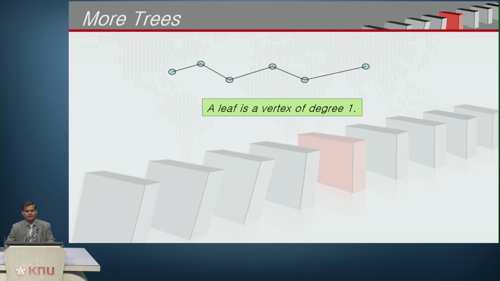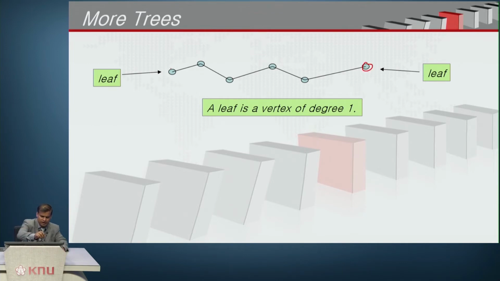A leaf is a vertex of degree 1. In other words, that is kind of the last part, because all other vertices except these two vertices have degree 2, but only these last two vertices have degree 1.